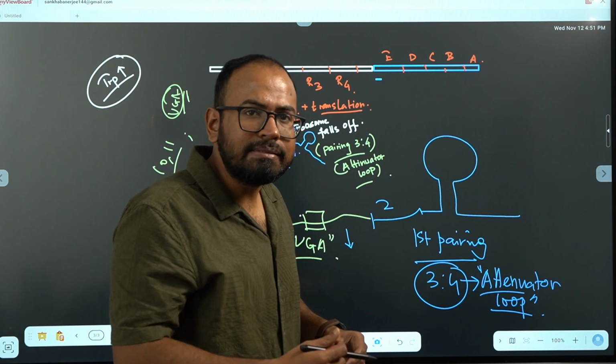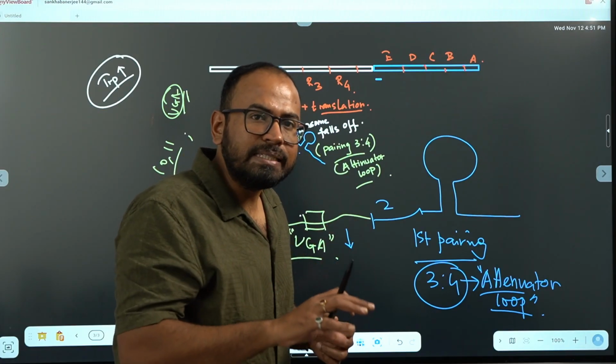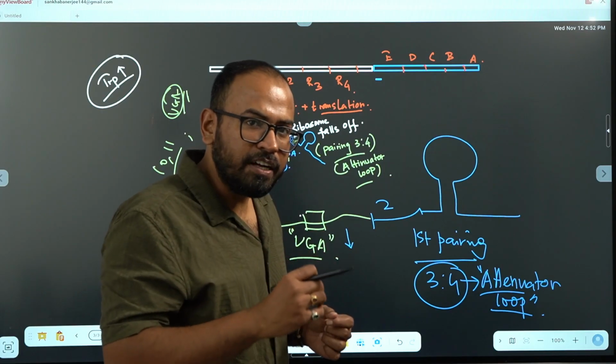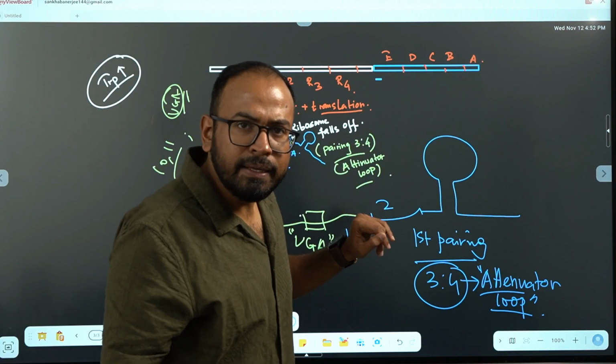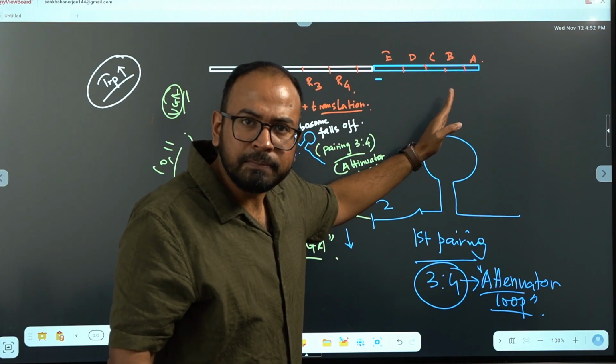Then why is it not happening? That means there must be a certain mechanism that is removing the RNA pol from the segment of DNA before the structural genes are to be synthesized.